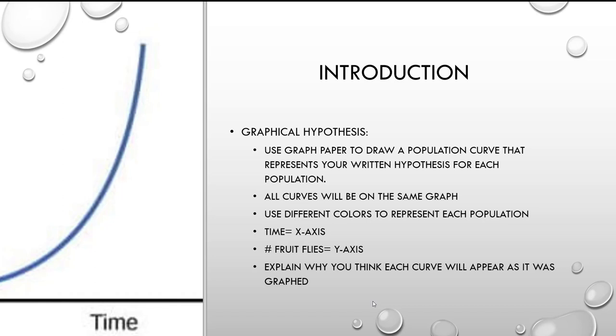And then explain why you think each curve will appear as it was graphed. So all of this is part of the introduction. It's kind of strange that you're going to have a graph in your introduction, but that's just what was required for this particular lab report. All right. So that's the entire introduction with a graph.